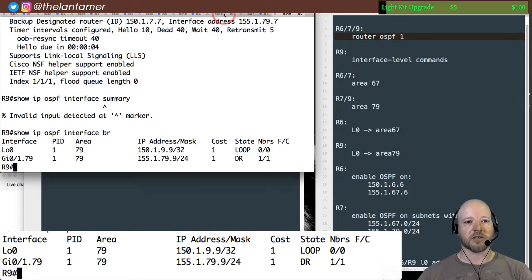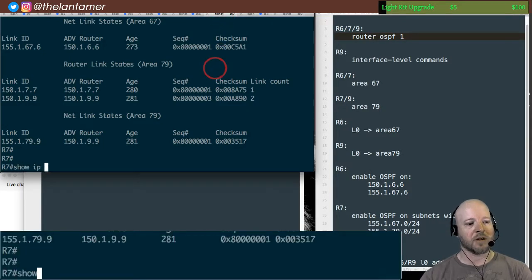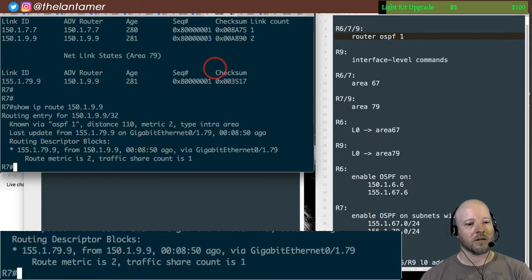Although let's look at router 7. Show IP route. Yeah, intra area. So my question is, show IP OSPF database.